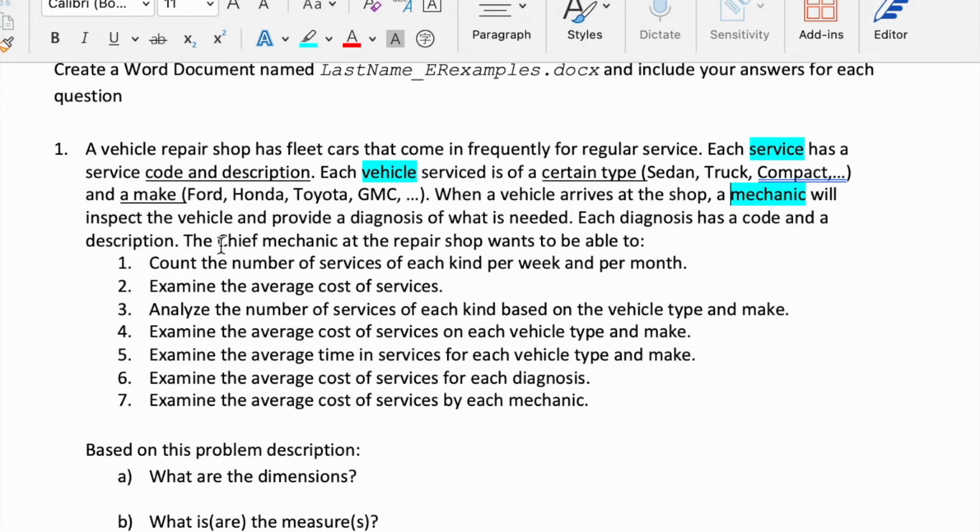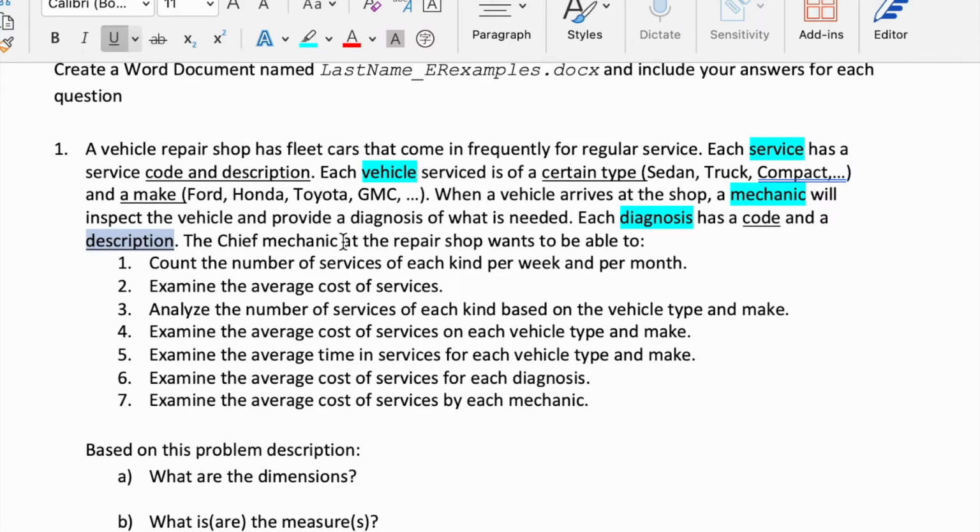The mechanic is going to inspect the vehicle and provide a diagnosis. So the diagnosis is the next dimension, right? The attributes include the code of diagnosis and descriptions of the diagnosis.